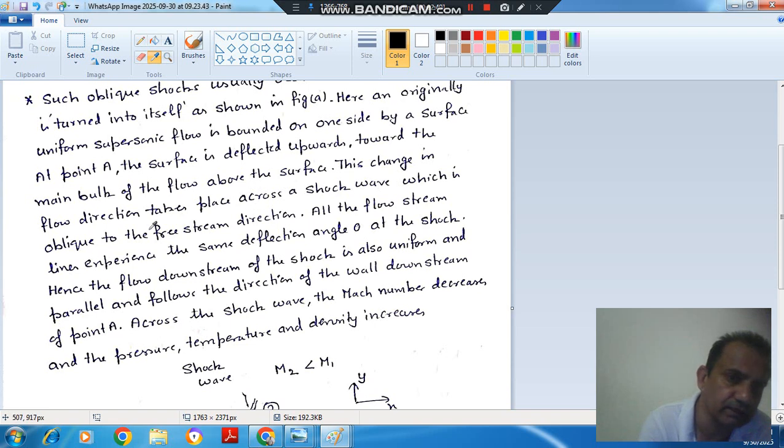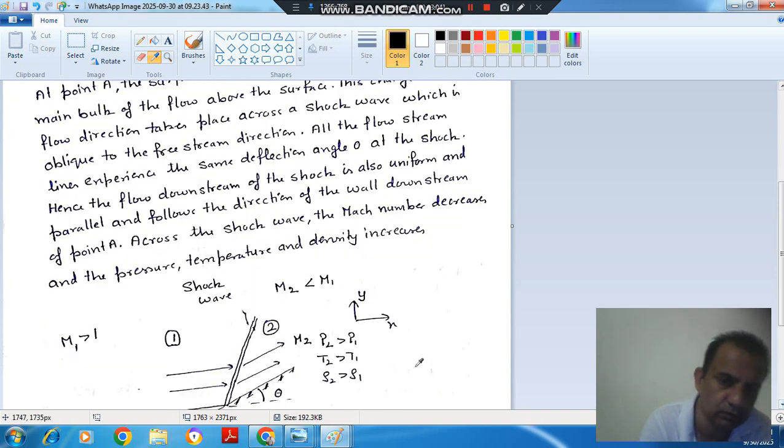This change in flow direction takes place across a shock wave which is oblique to the free stream direction. So this is your shock wave, and here the change in direction of flow is taking place, across this shock wave which is oblique to the free stream direction.